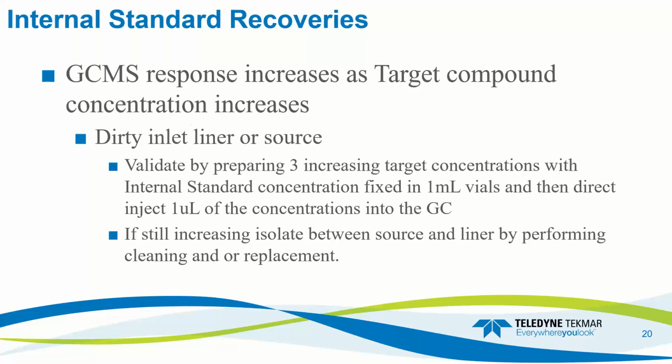You can validate this by preparing 3 increasing target concentrations with internal standards in 1 ml vials, and then you can do a direct inject of 1 microliter into the GC inlet. If it's still increasing, you've at least isolated the active site between the source or the liner. So therefore, just perform the cleaning or perform the replacement, and hopefully that solves the problem.